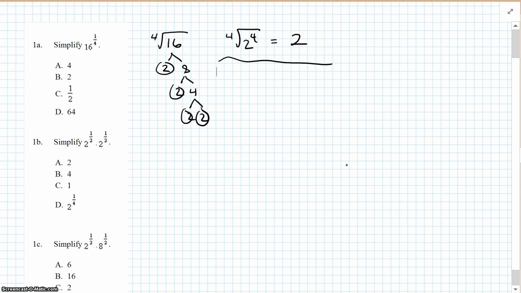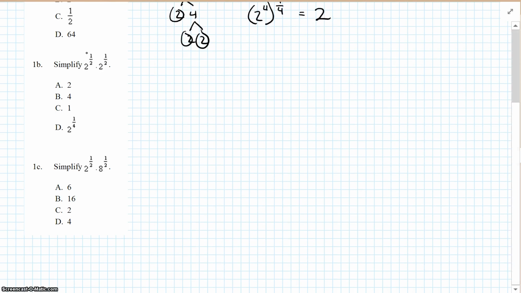Okay, another way to write this, once we broke it down to 2 to the 4th power, we could have written it as 2 to the 4th power, to the 1/4 power, which we could cancel out and make it 2. All right, the square root of 2 times the square root of 2 equals the square root of 4, which would be 2.